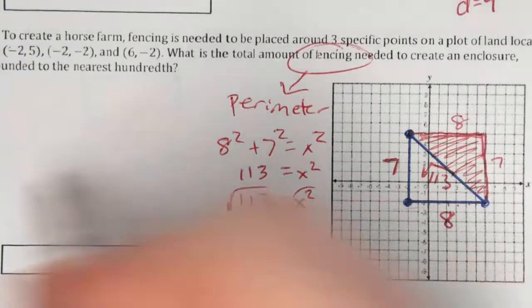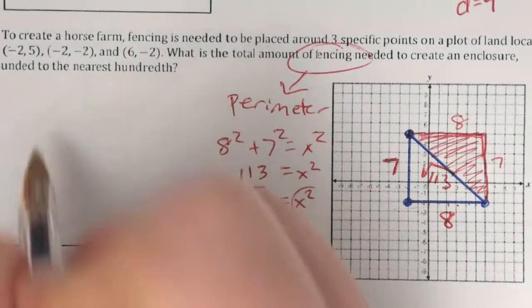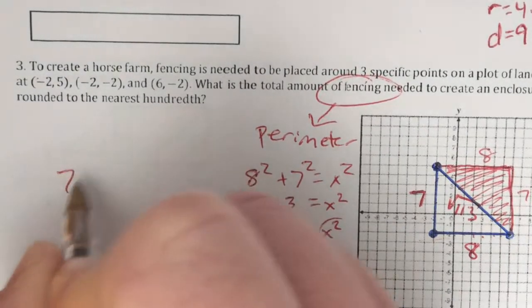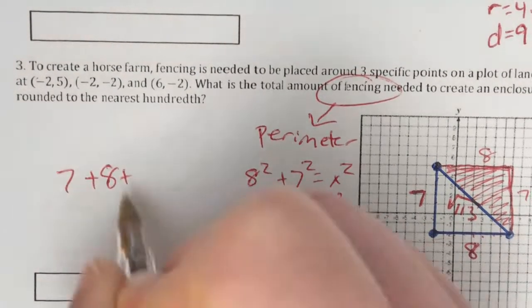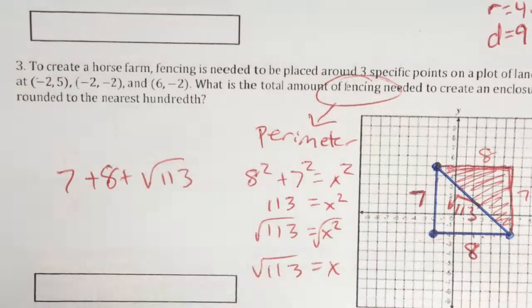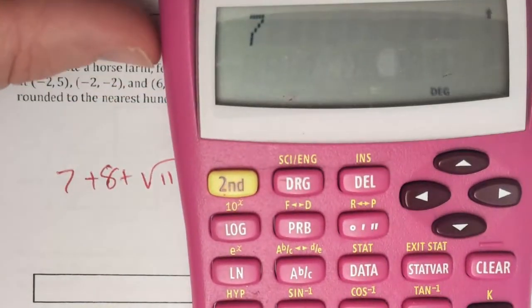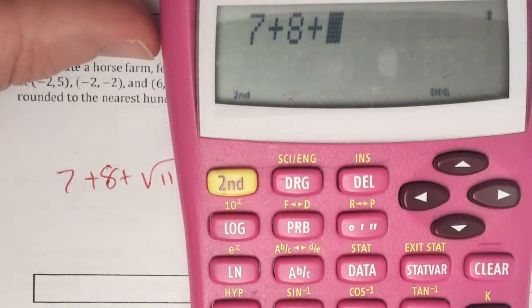And we want the perimeter. So what we're going to do is just add all those together. So we're going to have 7 plus 8 plus the square root of 113. All right, let's put that in the calculator. So 7 plus 8 plus the square root.